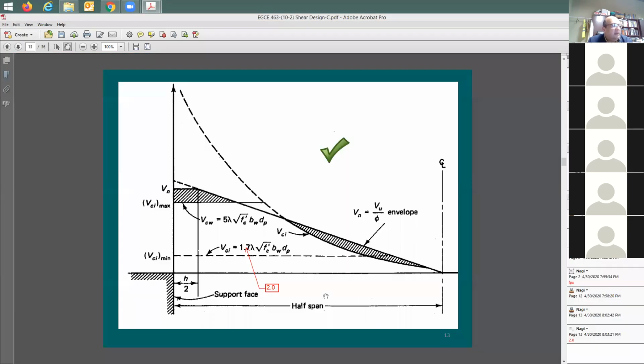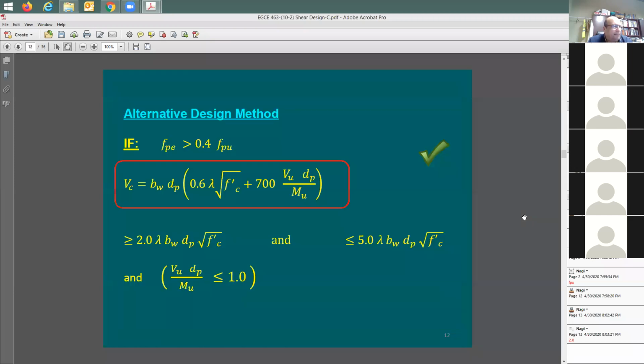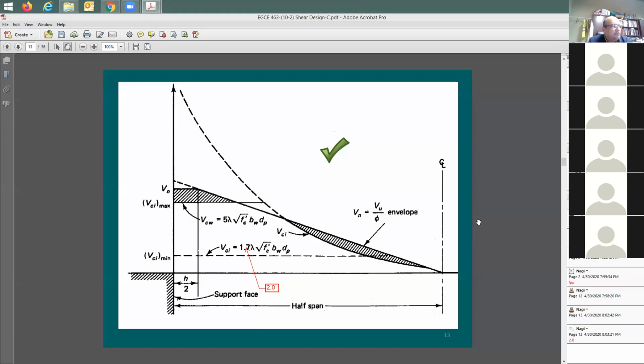And here is going to be a range from 2 to 5. It's going to be this range here. Above this, you're going to be using steel. This is the reason in many pre-stressed beams, you don't really need any shear reinforcement. You just put the reinforcement or the ties at the end for the end block. So here's my equation. It gives you the curve, and they have a range between 2 to 5.